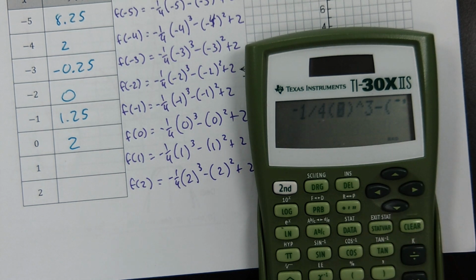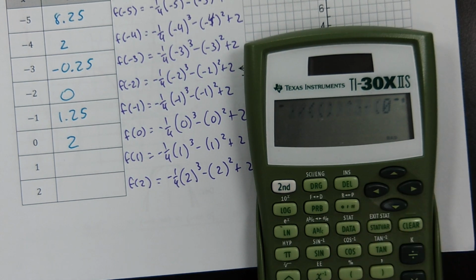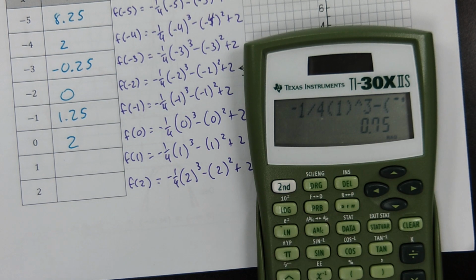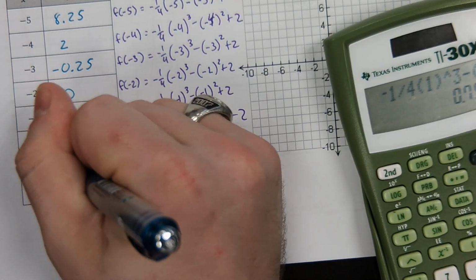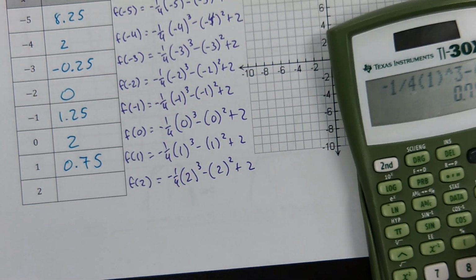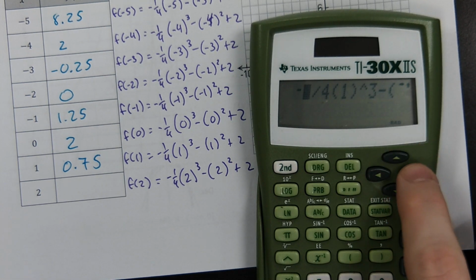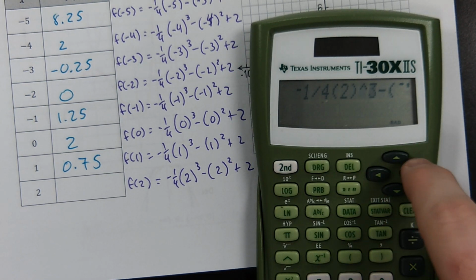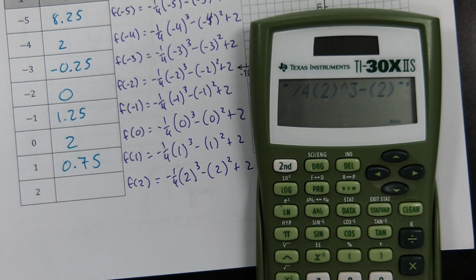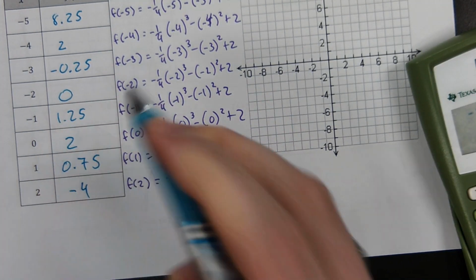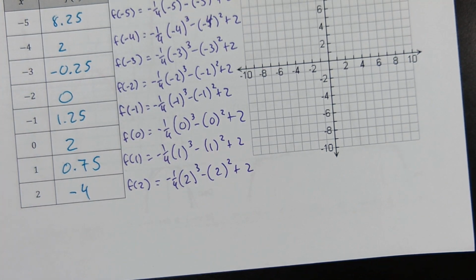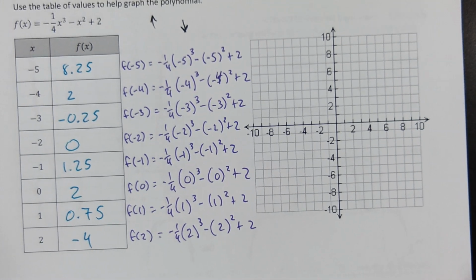Replace the zeros with positive 1s. 0.75. Go up. Replace the 1s with 2s. -4. Okay, well, again, tedious, but not difficult. If anything, all I taught you was how to use your calculator.